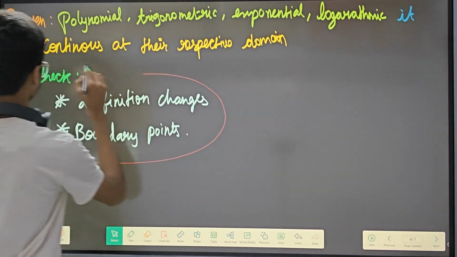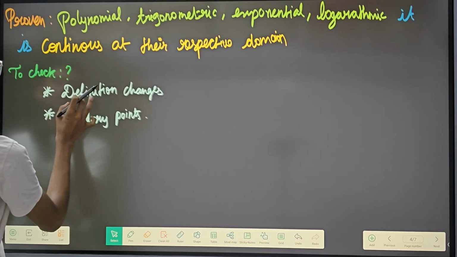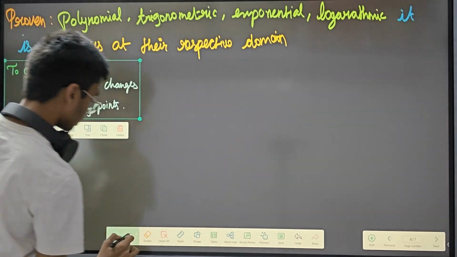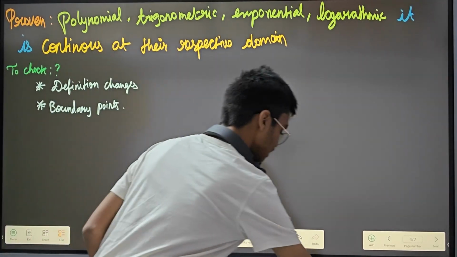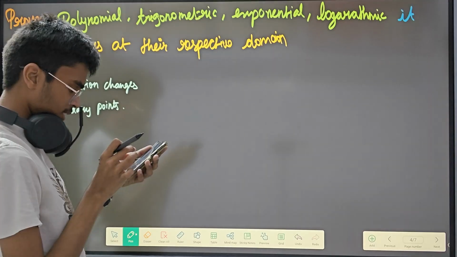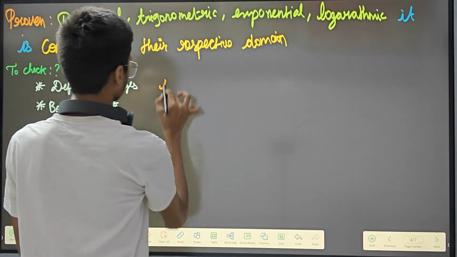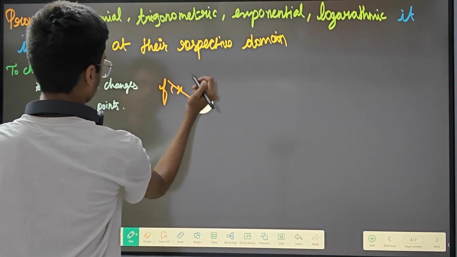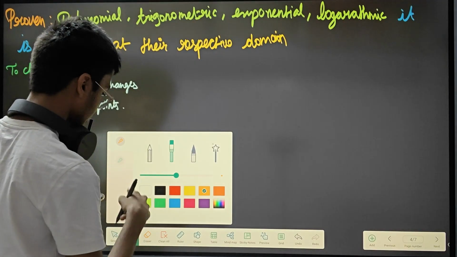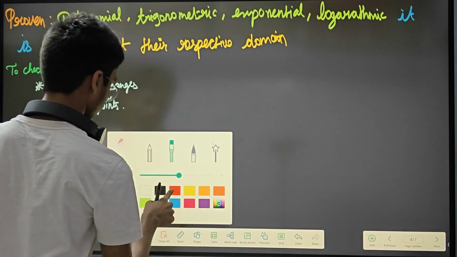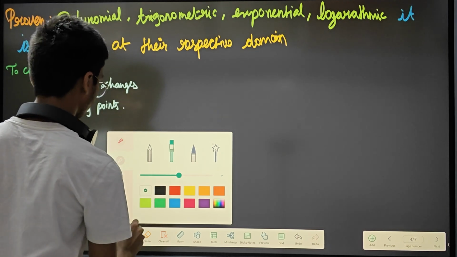Okay, so for this, the sum that is going to be done is, one second, so f of x is equal to, wait, which color, this one, white color, okay.